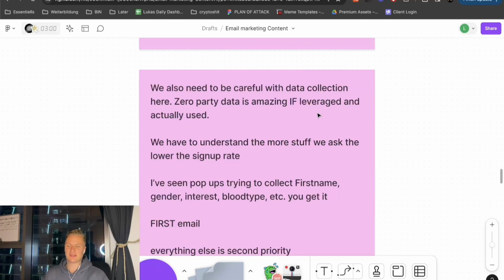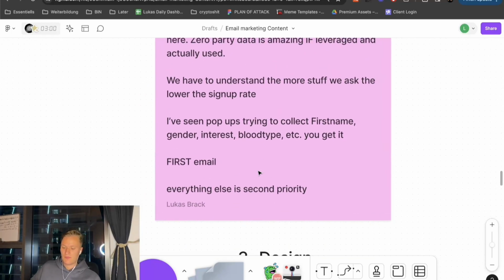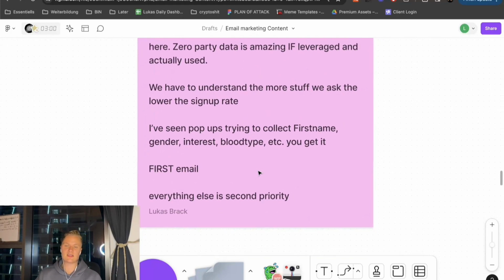The only thing that happens is you ruin your sign-up rate, because the more stuff you collect on the pop-up form, the lower the sign-up rate, because people do not want to put everything in there. If you're trying to collect first name, gender, interest, blood type, etc., it would probably be better to just collect the email address, and then SMS as a second step. We have to understand the more stuff we ask, the lower the sign-up rate. So get the email, and everything else is second priority.